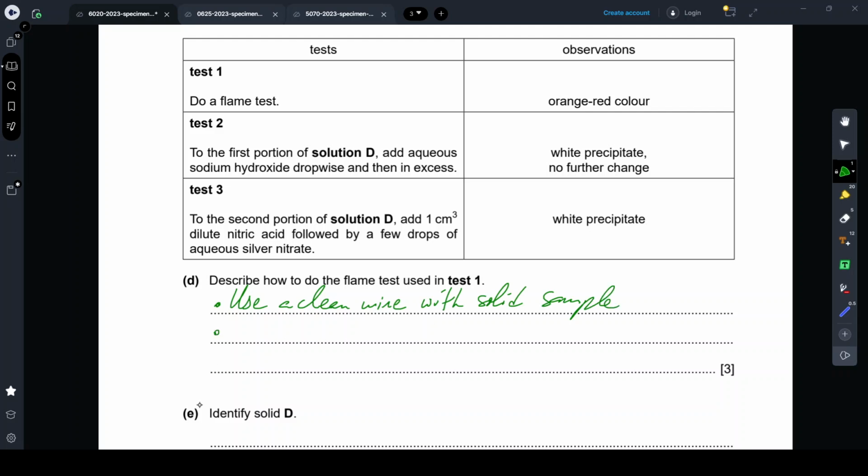Then you need 3 points. To observe the color, you need to put it into the flame first. Prepare the sample. Put it into the flame.